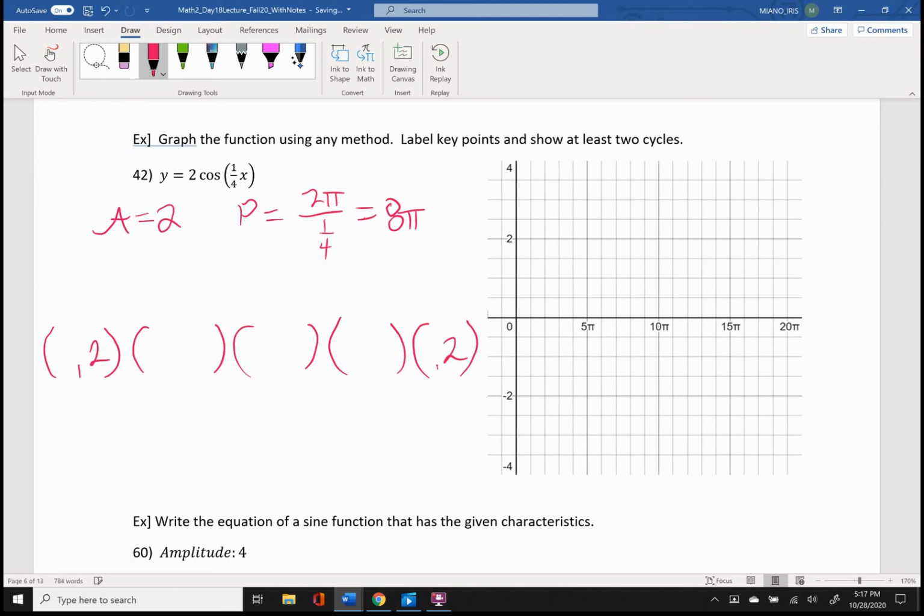And for the place in between, you're going to go to your trough or your valley, so that'll have an output of -2. And then these places in between, your outputs will be zeros or x-intercepts.